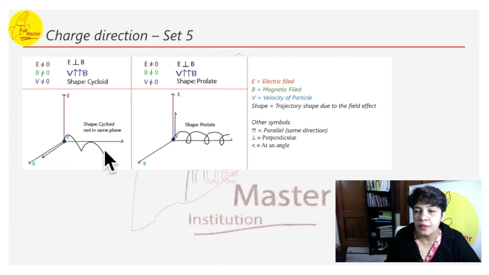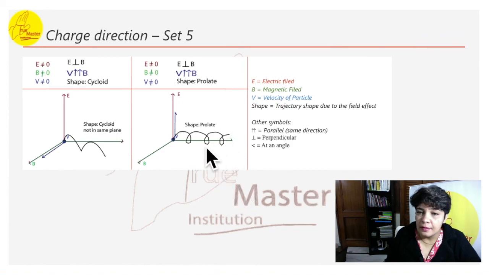Okay. Now the second situation is electric field and magnetic field are perpendicular to each other, but the charge is parallel to, how is the charge shown? Parallel to the electric field. Then the trajectory will be a prolate. In a prolate, the ellipse is rotated around its major axis.